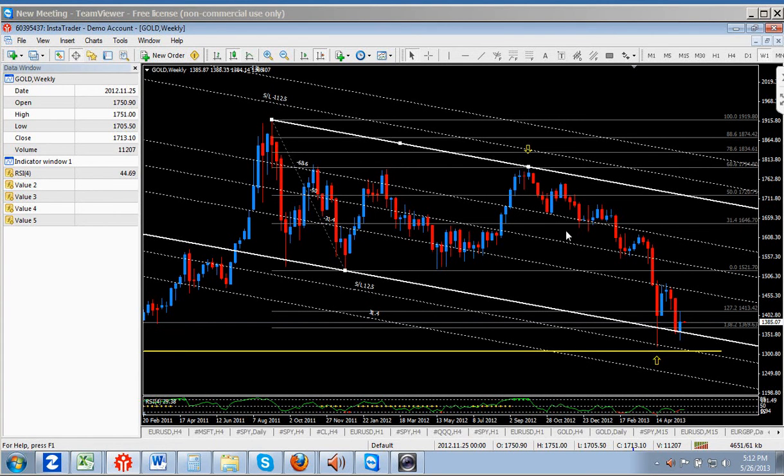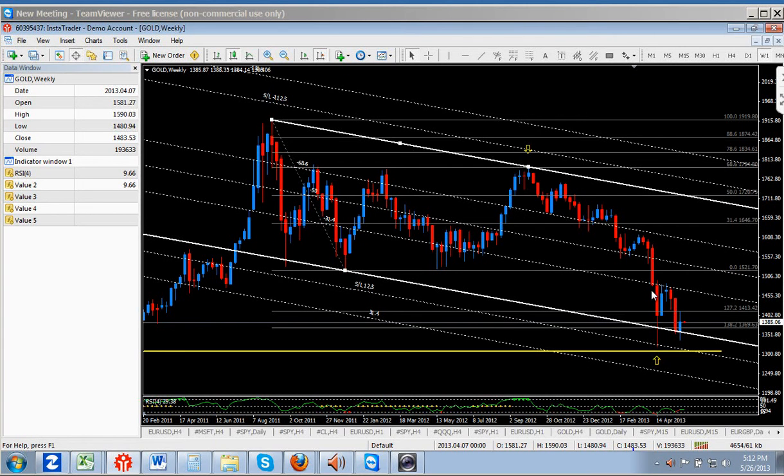And as you can see, look at the compliance. It traveled 31.5% and bounced. So that's your first take profit level. 50%. Once again, beautiful adherence.